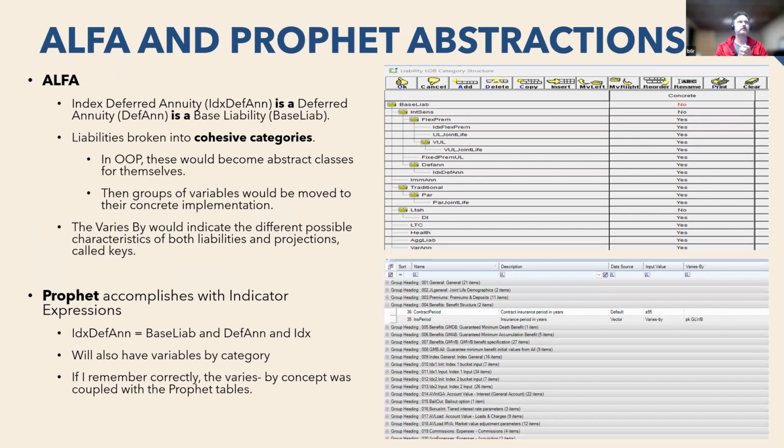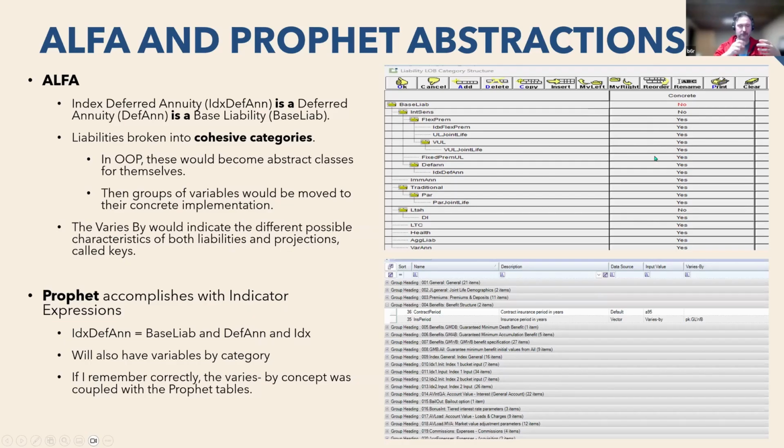So what we're looking at here are pictures of ALFA. Rather than me describing this, look at the shape in this concept: your base liability. You would read this hierarchy as your base liability is a deferred annuity, which is an index deferred annuity. The shape is where it says concrete is no, and your actual implementation, your circle, triangle, or square, is where concrete is yes.